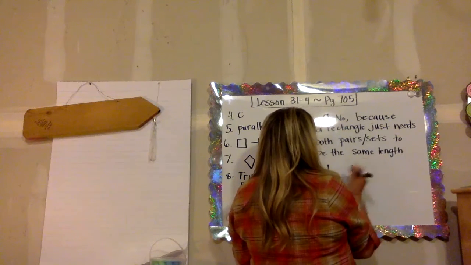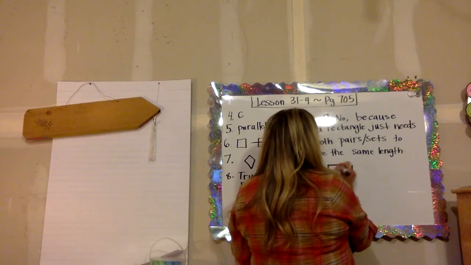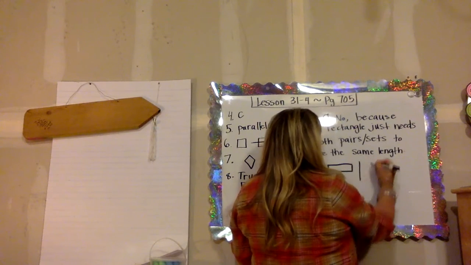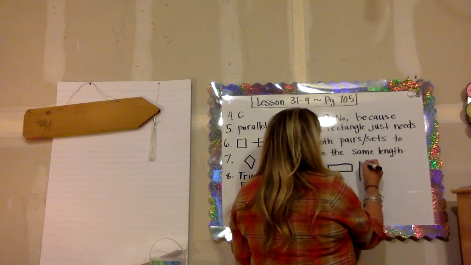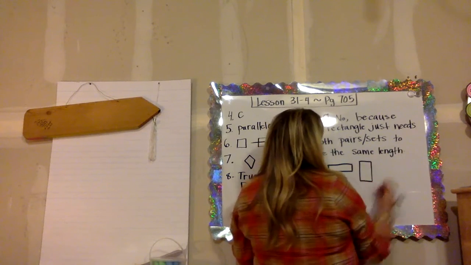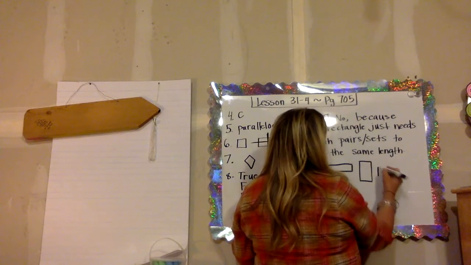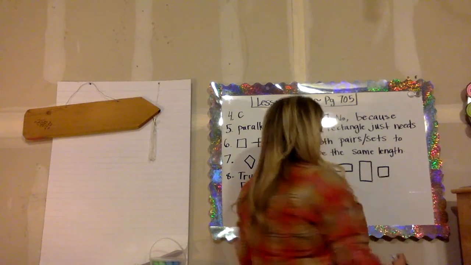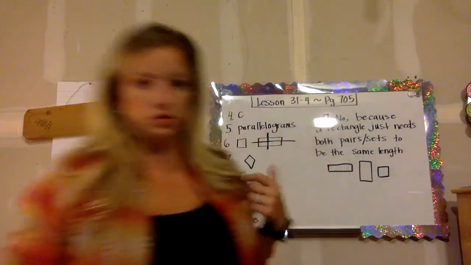Again, pretend that my drawing is perfect. And then this side has to be the same length as this side, and this side has to be the same length as this side. So a square, this length is also this length, and this length, and this length. So that is the difference, and I hope you can see that.